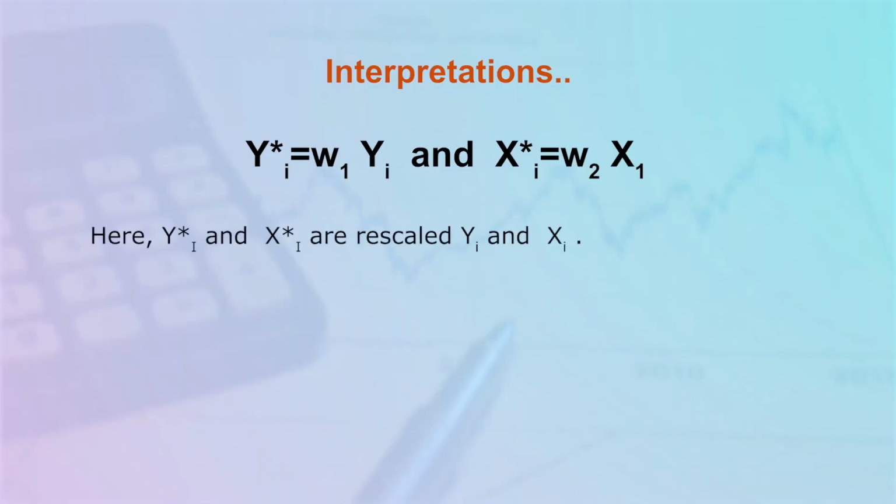So yi star and xi star are rescaled, and this rescaling is done because x and y are not uniform in the units of measurement across the two models.